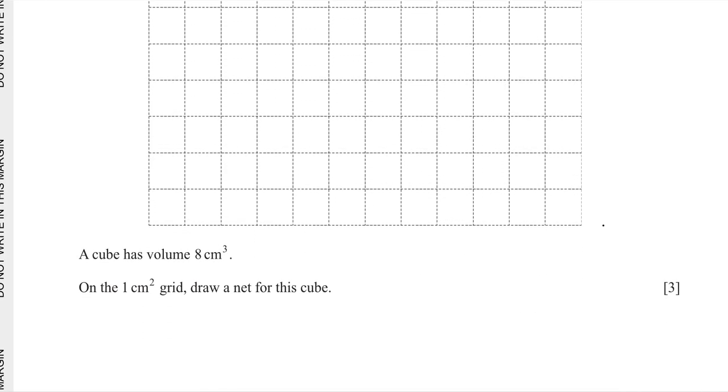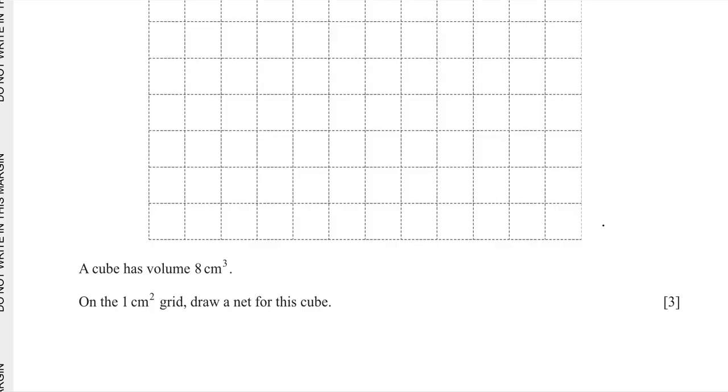Let's go to question number 16. A cube has a volume of 8 centimeter cubed. On the 1 centimeter cube grid, draw a net for the cube. For this one, you have to remember that a cube looks like this, where all the sides of a cube must be equal to each other.